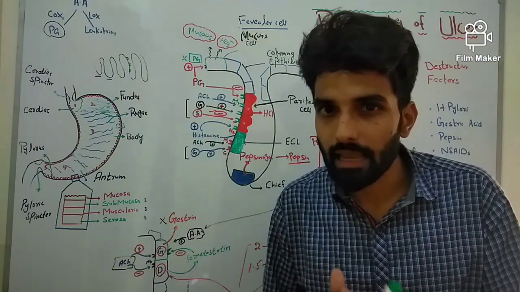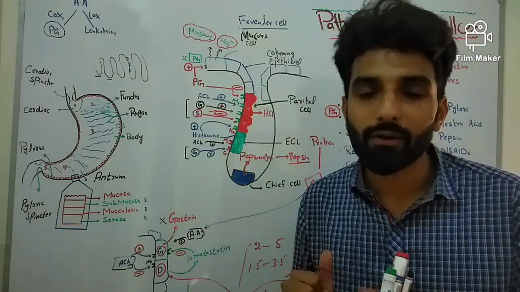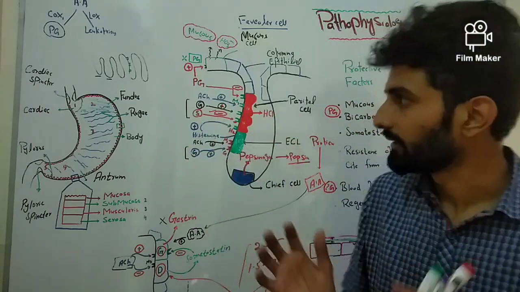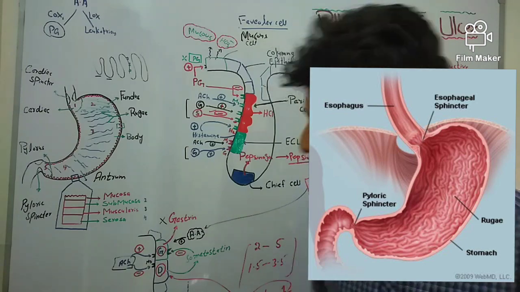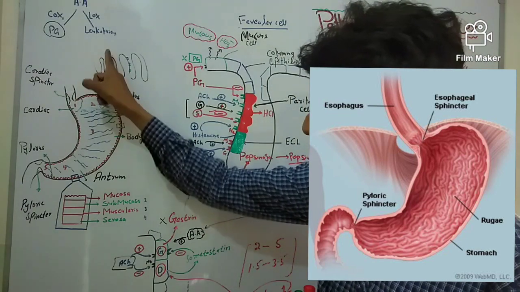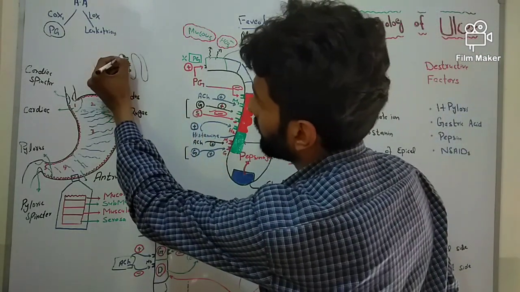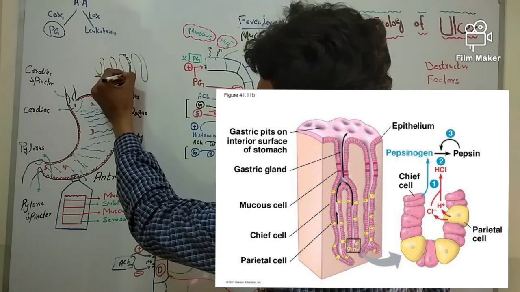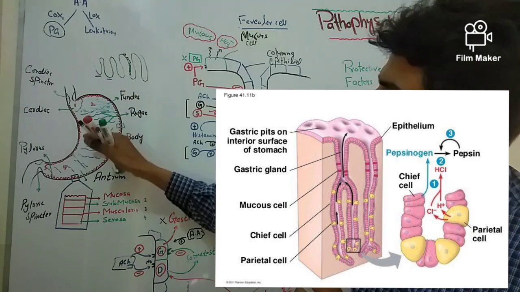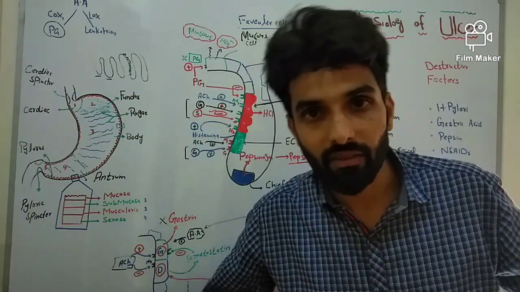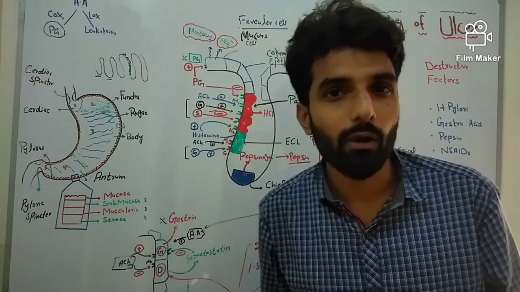When the stomach is empty, this mucosal layer contracts to form folds and a rough surface, called rugae. Rugae are made up of small gastric pits, and in the gastric pits different types of cells are present. The gastric pits in the fundus and body have different types of cells compared to the gastric pits in the antrum and pylorus.